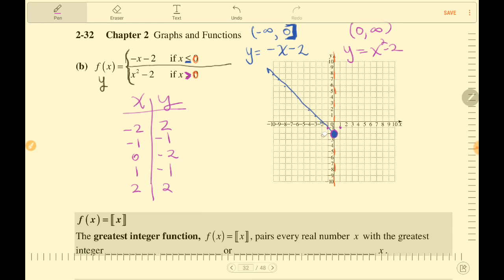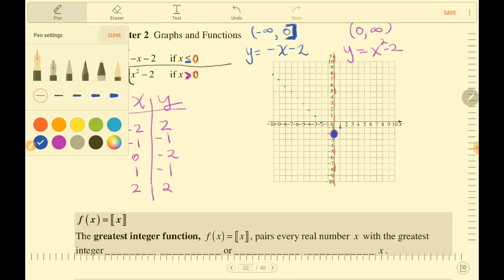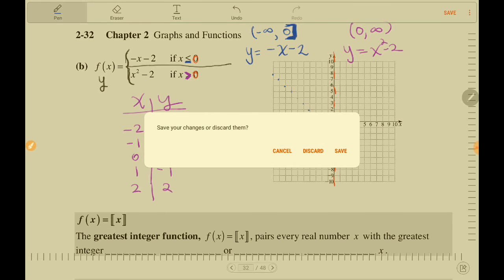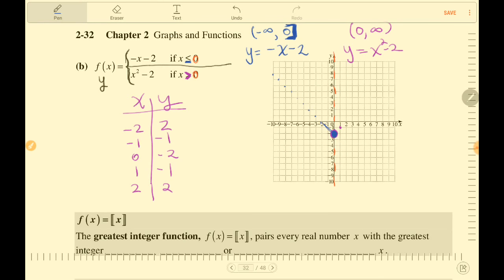Notice that the purple is coming over to the side where we're not supposed to be for the purple, so I'm not going to make those points. I'm going to get rid of everything that has x values that are not greater than 0, so all of these.